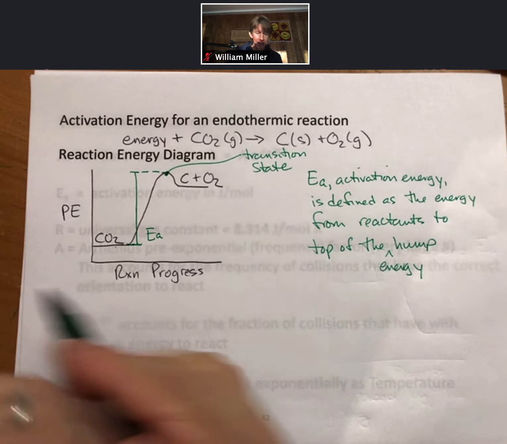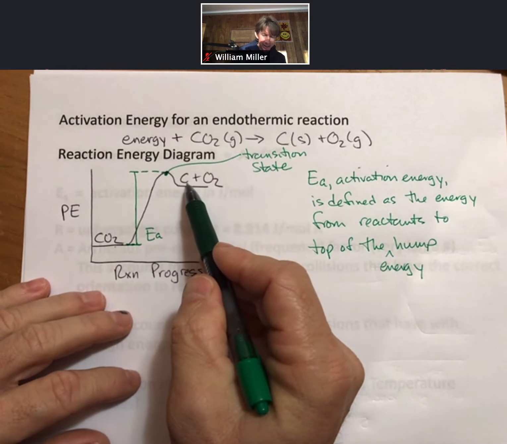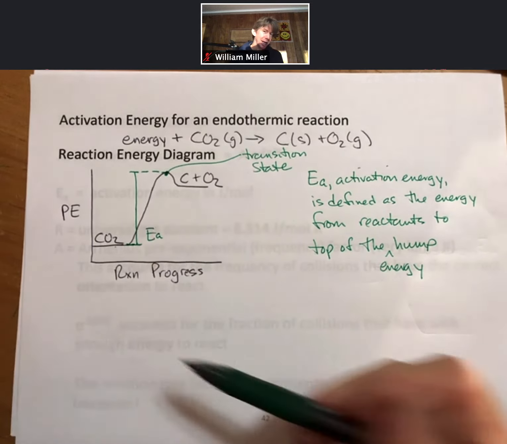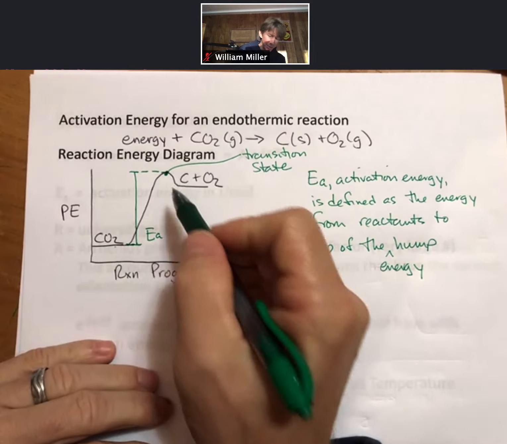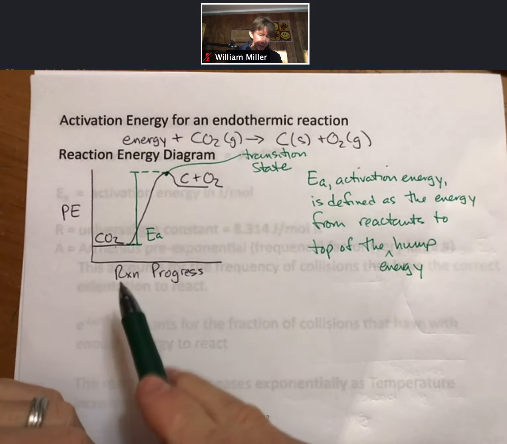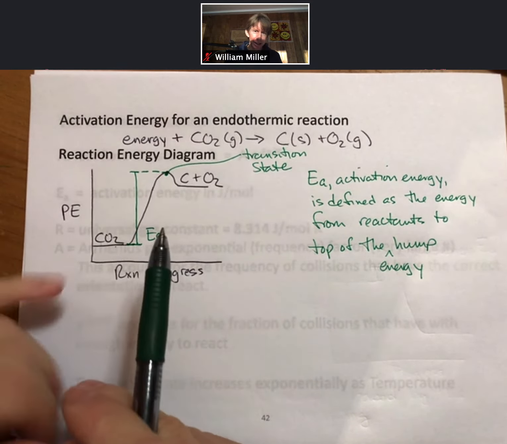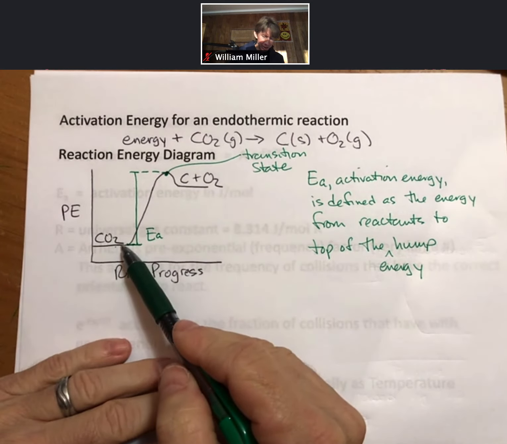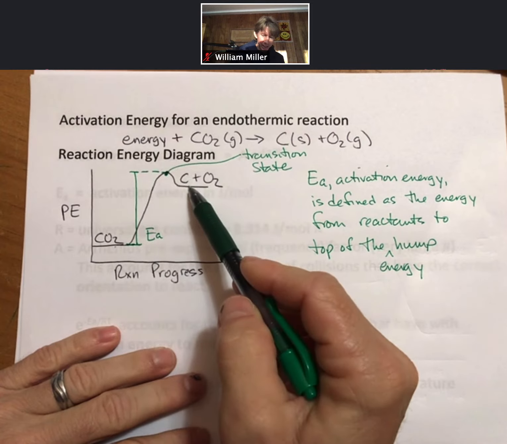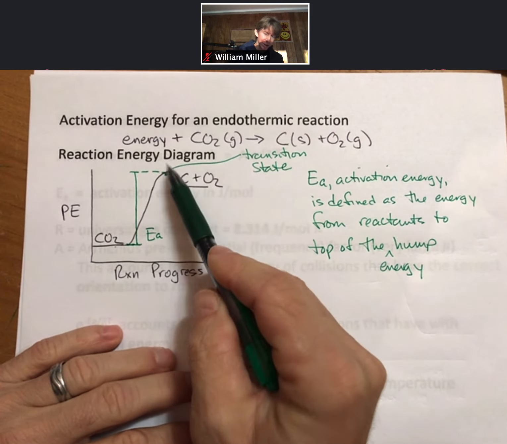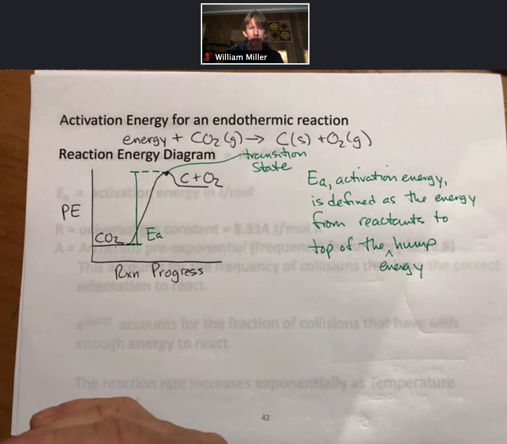And the fact that it's higher means that the reactants and products are typically stable, meaning they don't react until you supply that activation energy. So if you're an endothermic reaction like this one here, not only do you have to have the energy of the delta H reaction for this process, but you also typically have to add more for the activation energy.